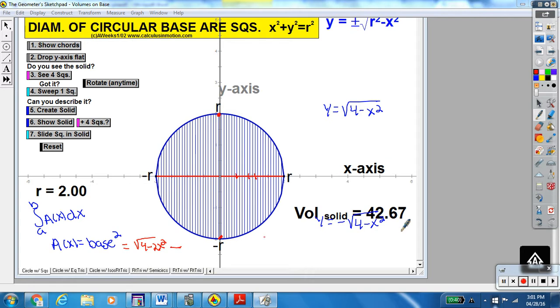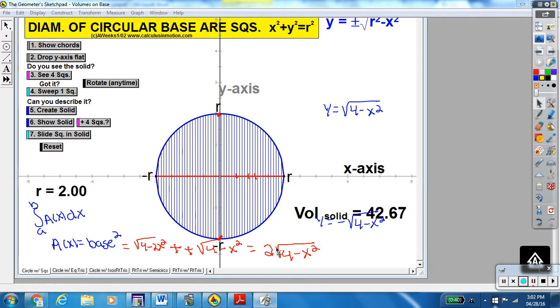So the base is the top of the circle minus the bottom of the circle, which is negative square root of 4 minus x squared. And what you notice is you get two negatives, which become positive, and I get 2 square roots of 4 minus x squared. Okay?